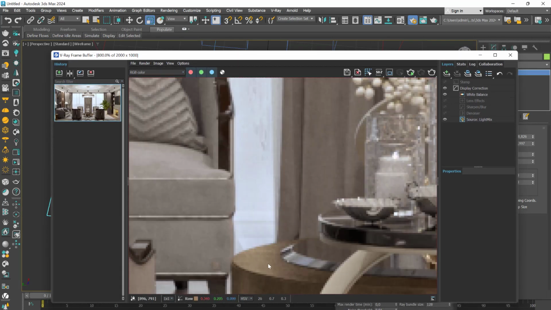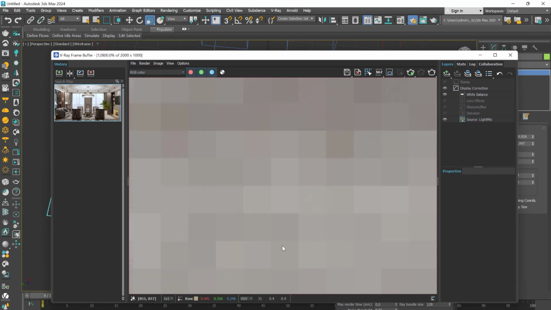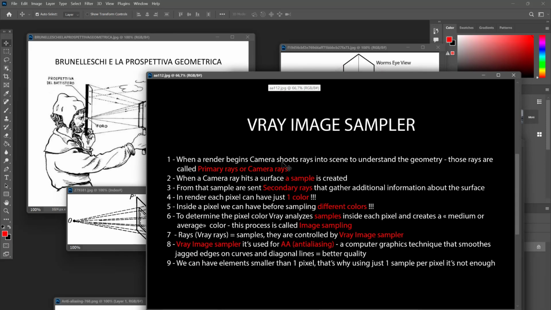You can see in our real render the pixels. They are square. And if we would look on this image with rules, we can say that, and this is important, in the end, each pixel must have one color.